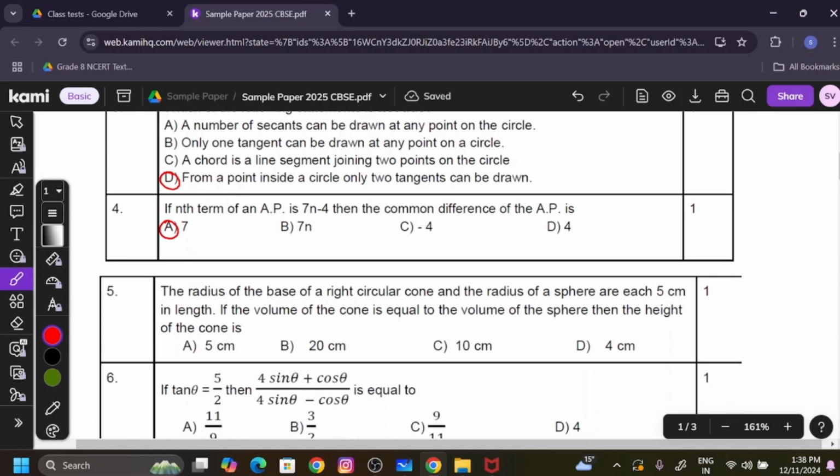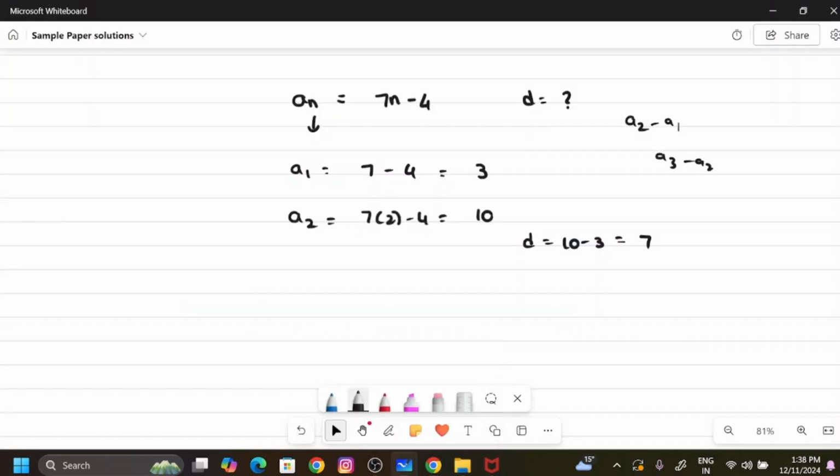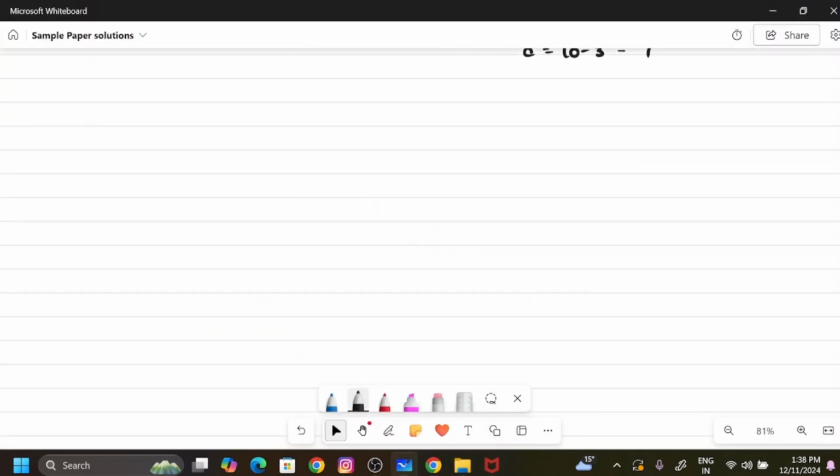Next, the radius of the base of a right circular cone and the radius of a sphere are 5 centimeters each in length. If the volume of the cone is equal to the volume of the sphere, then the height of the cone is? We have a cone and a sphere.